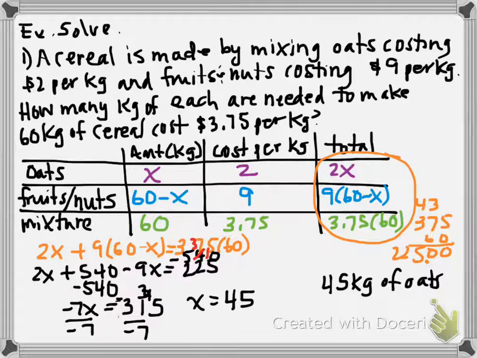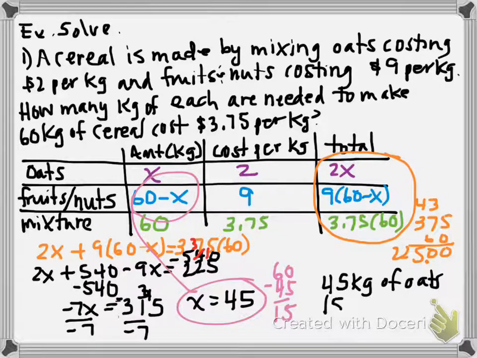To figure out how much with fruits and nuts, I'm just going to plug it into the definition and subtract 45 from 60, and I get 15. So I get 15 kilograms of fruits and nuts.